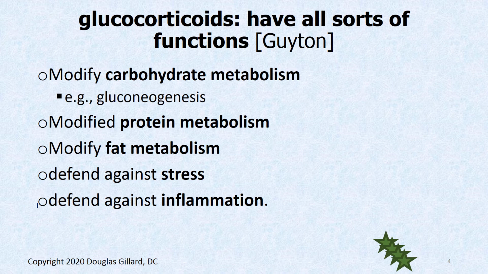How is it replaced? Glucocorticoids are released, namely cortisol is released from the adrenal gland, and it stimulates gluconeogenesis and makes you some more blood glucose. It also affects protein metabolism, fat metabolism. It defends against stress. It defends against inflammation as well.